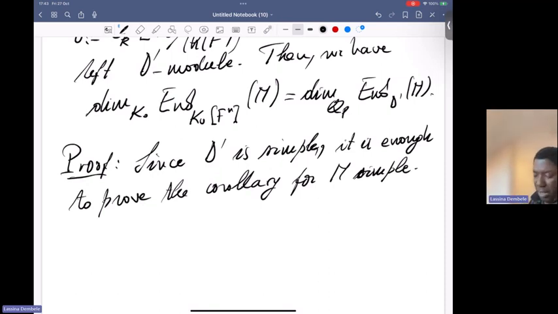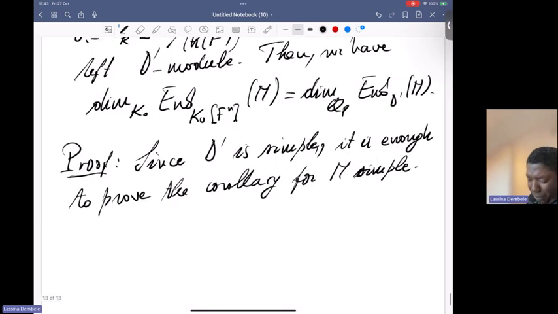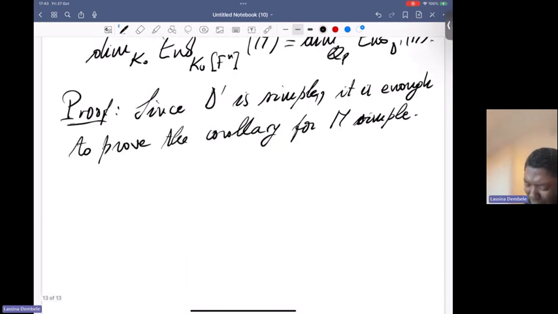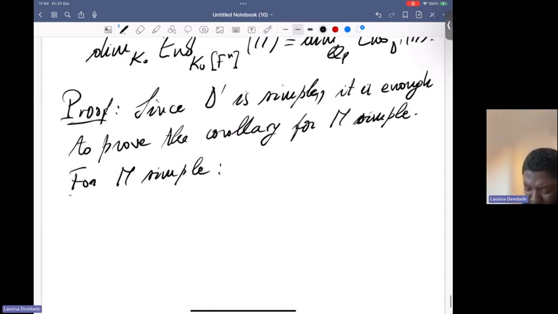Okay. And so now, for M simple, what do we know? You see the commutant, which we saw.